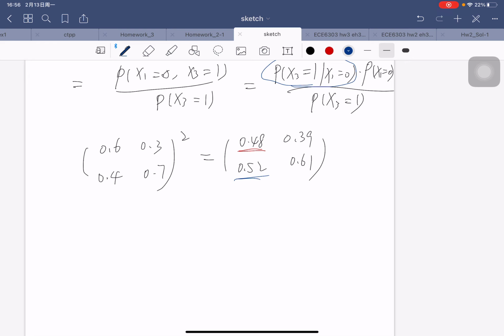So it is clear that the sum of these 2 probabilities is 1, and the sum of these 2 is 1.